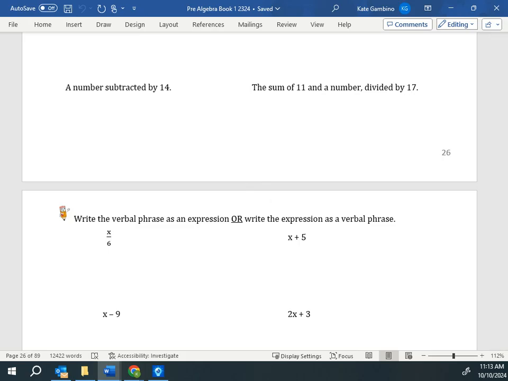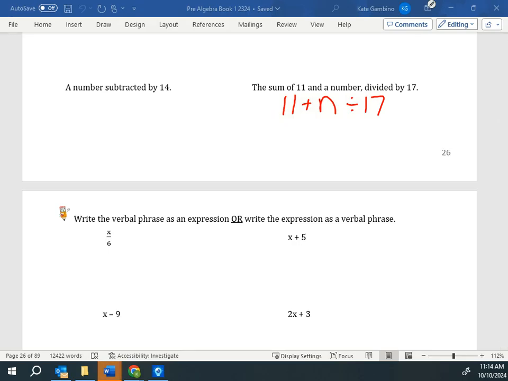That's what's in it. So let's look at the sum of 11 and a number divided by 17. What do you think that is going to look like? Graham? 11 plus 7 divided by 17. So we know the sum of 11 and a number divided by 17.